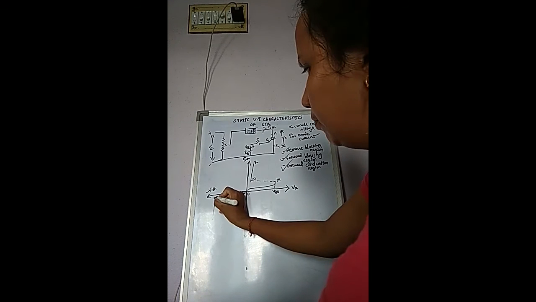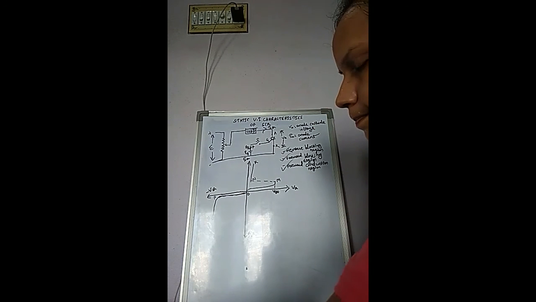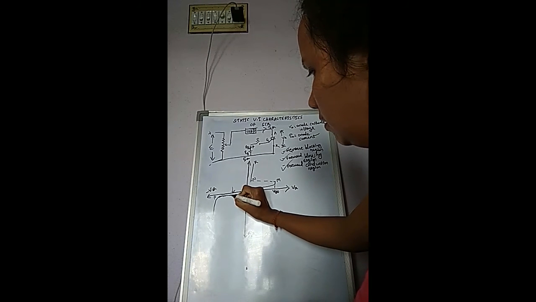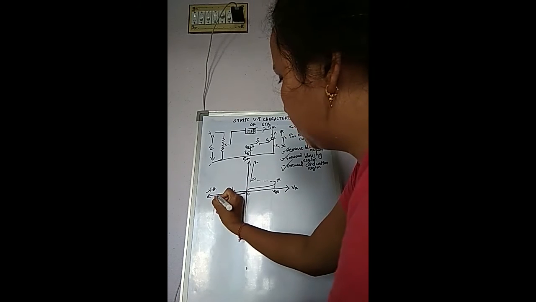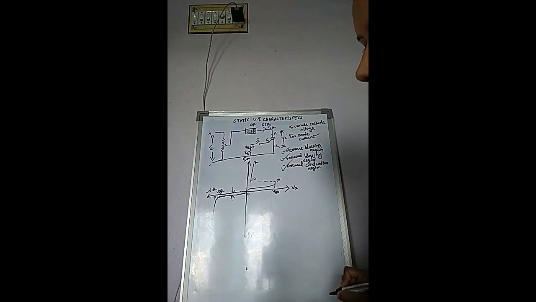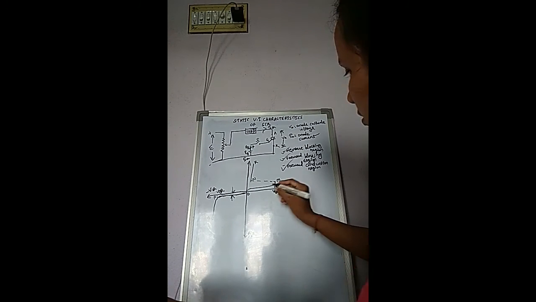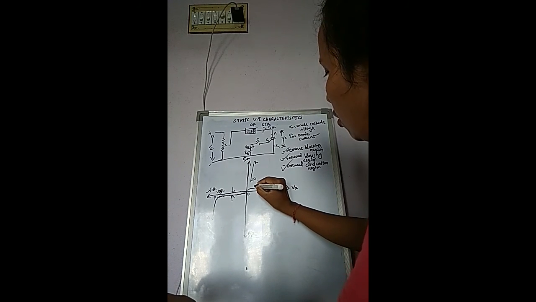This is the P point, this is the Q point. This is VBR. So this is the VI characteristics of SCR.